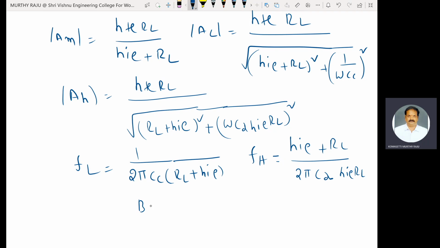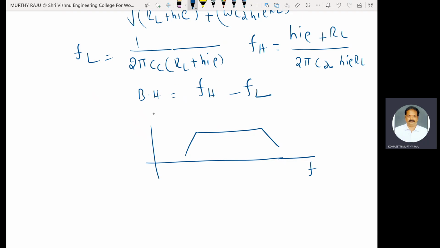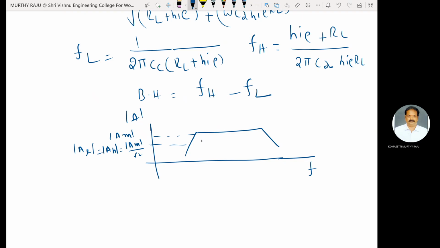Therefore, the bandwidth of the two-stage RC coupled amplifier is equal to FH minus FL. The frequency response, gain mod A versus frequency, is like this. This is mod AM. Mod AL is equal to mod AH is equal to mod AM by root 2, at FL and FH.